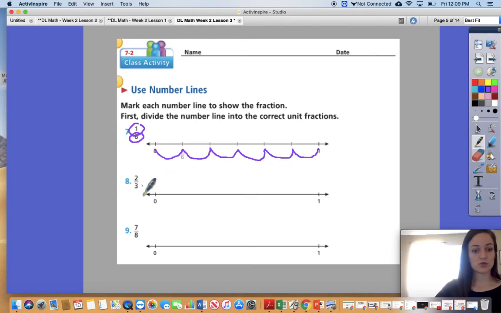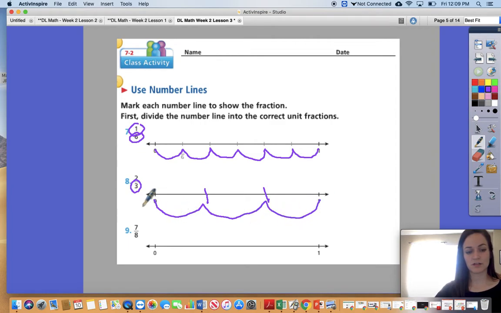All right, let's look at the next one. It says 2/3. Okay, if I look at my denominator, that tells me how many equal pieces there are in the whole. So I know there's 3 equal pieces. Here's my whole. I need to break it apart into 3 equal pieces. Let's count just to make sure I did it right. 1, 2, 3. Does everyone see how there's 3 equal pieces on there?